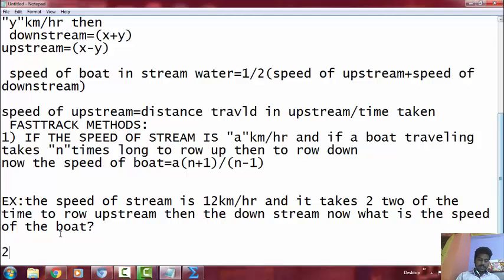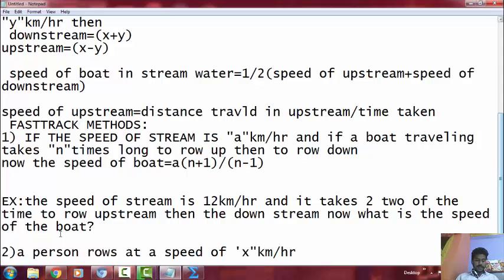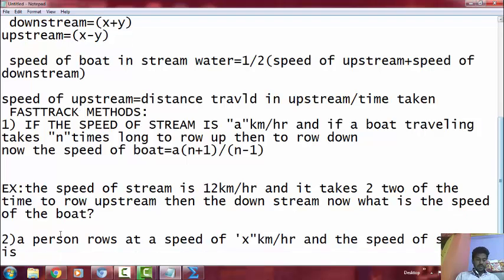Now coming to the second concept, a person rows at a speed of x kilometers per hour, and the speed of the stream is y kilometers per hour.